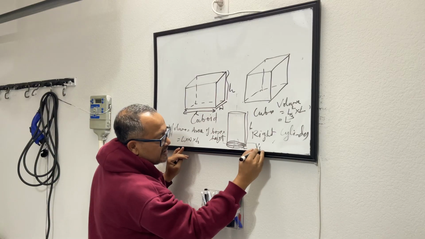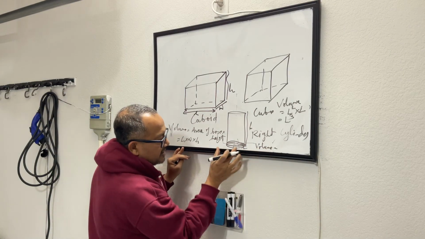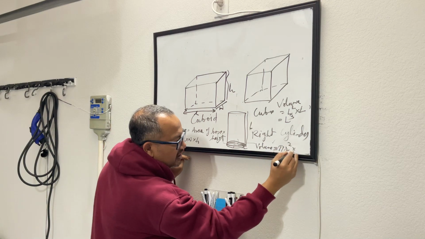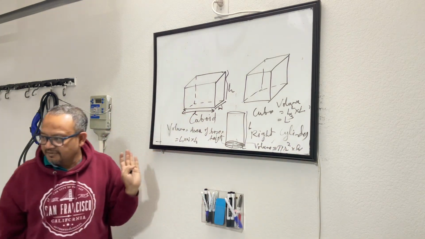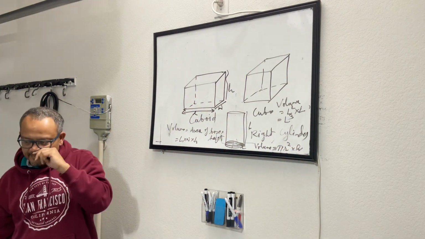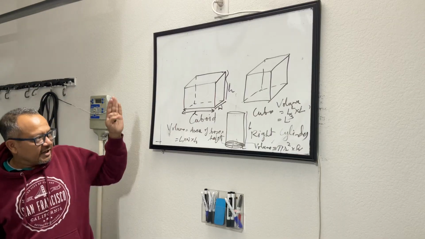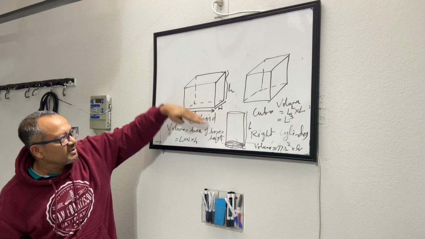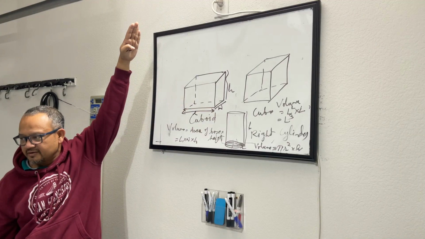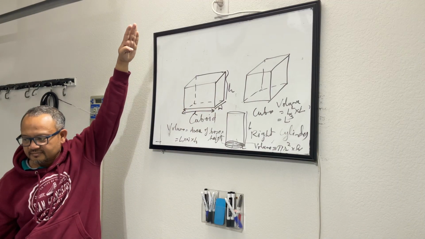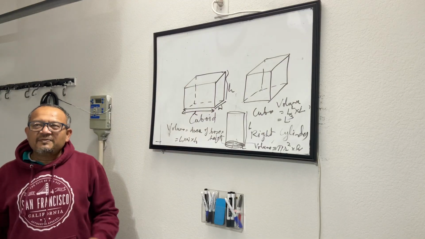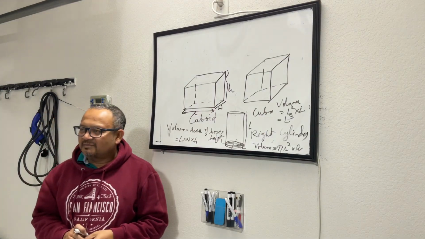So volume here would be area of the base, which is pi r squared, times height. So any symmetric shape that you talk about, find out the area of the base and multiply by height. Clear? Now you will keep hearing about different interesting names.